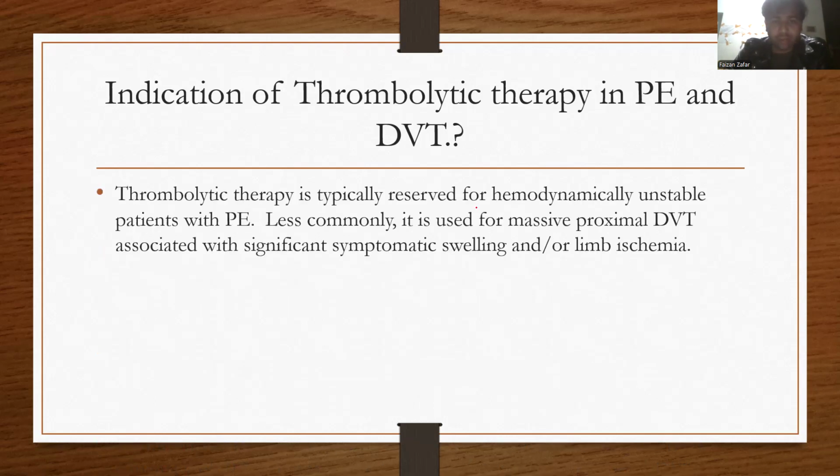Thrombolytic therapy is reserved for hemodynamically unstable patients with pulmonary embolism and less commonly for massive proximal DVT, because massive proximal DVT has a higher risk of pulmonary embolism and is associated with symptomatic swelling or limb ischemia. So massive proximal DVT and hemodynamically unstable patients with pulmonary embolism, always thrombolytic therapy.